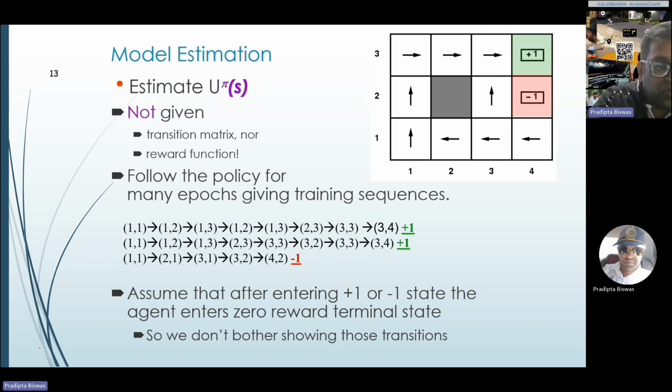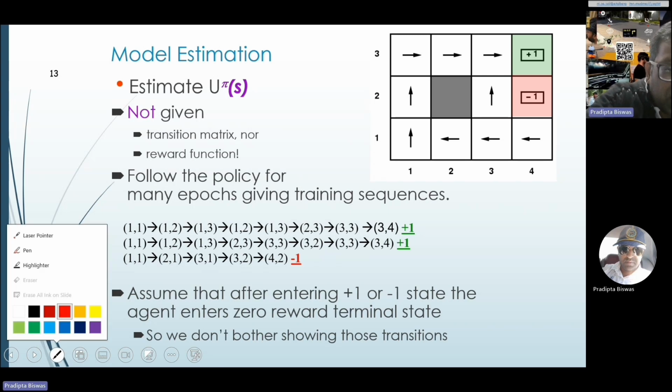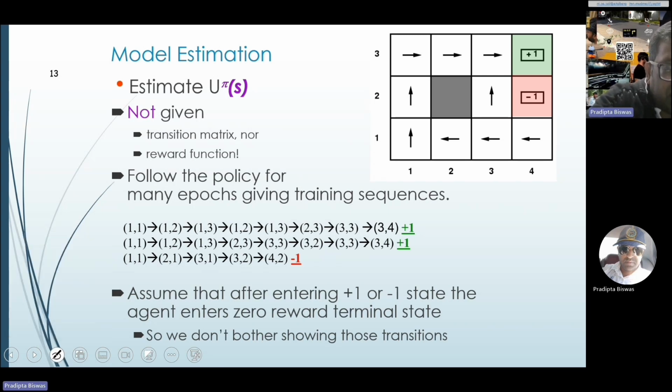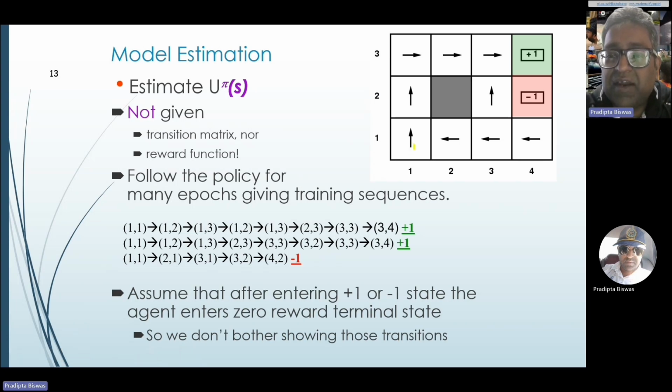Let me use a different color to make it clearer. So just imagine the agent is experiencing the environment, and in all cases, it's starting from 1,1.